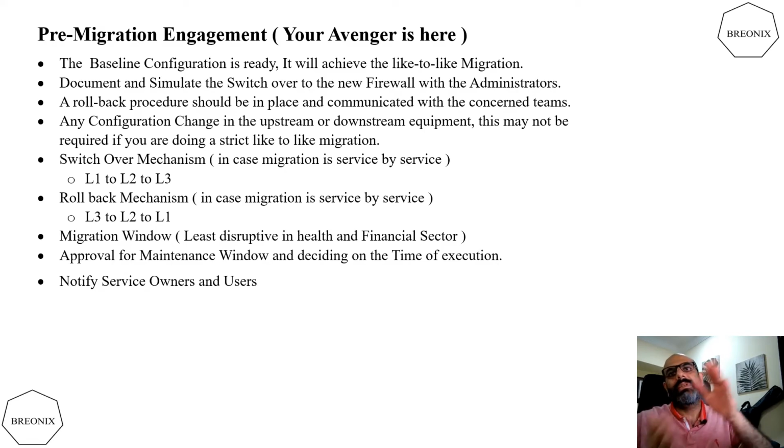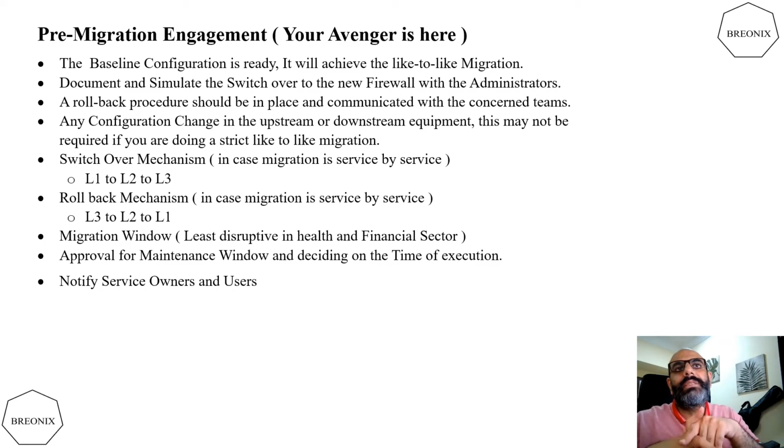We migrate them service by service. What happens is you do some sort of source route from your downstream equipment, and you deroute them to your upstream, and vice versa. This is a scenario where you are actually controlling the packet, with either the source or the destination that you want the packet to reach.